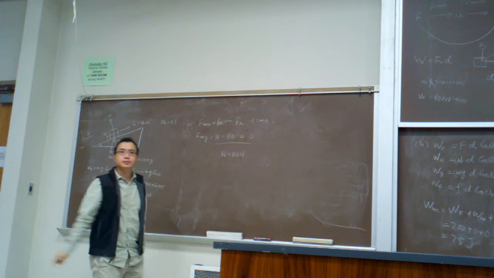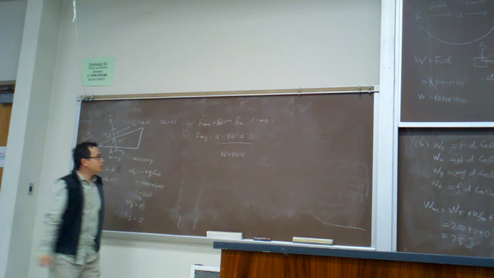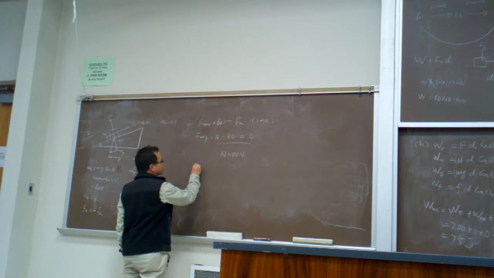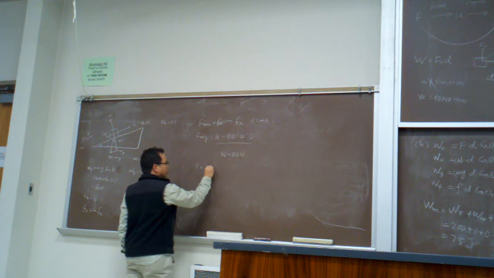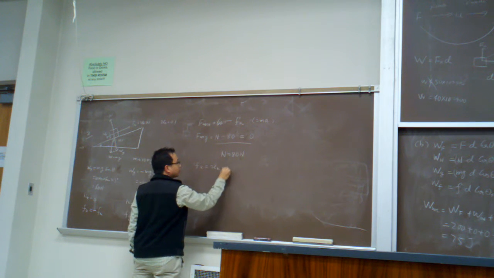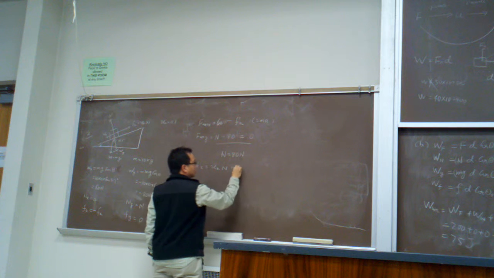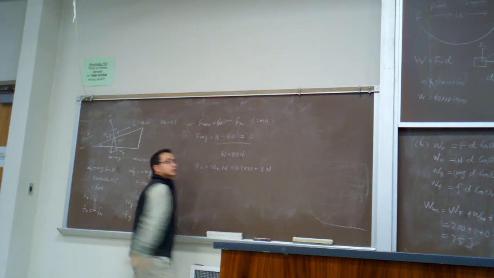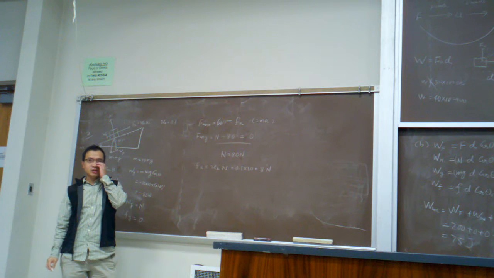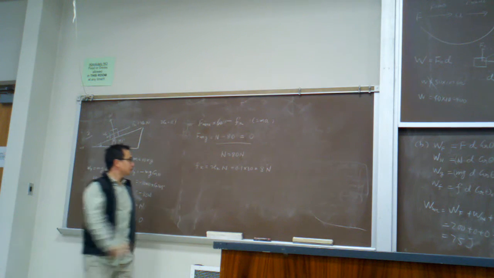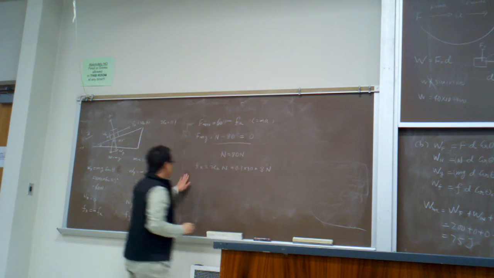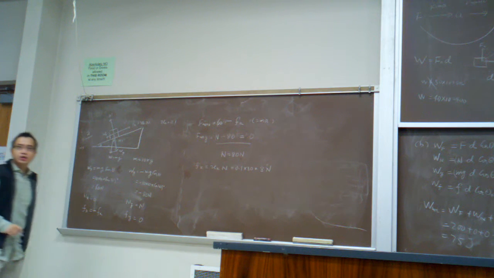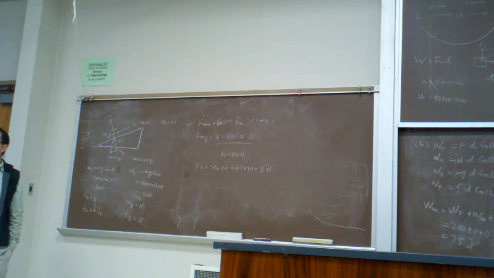Once you calculate N equals 80 Newton, then Fk equals mu k N, equals 8 Newton. Right? This is Fk. Then we can calculate all these works after we calculate all these forces.